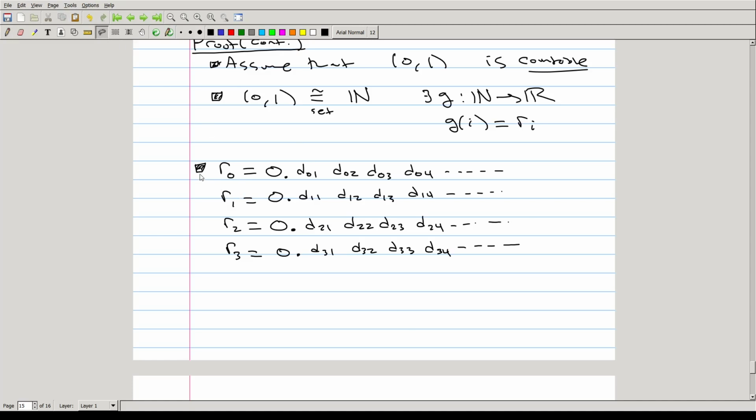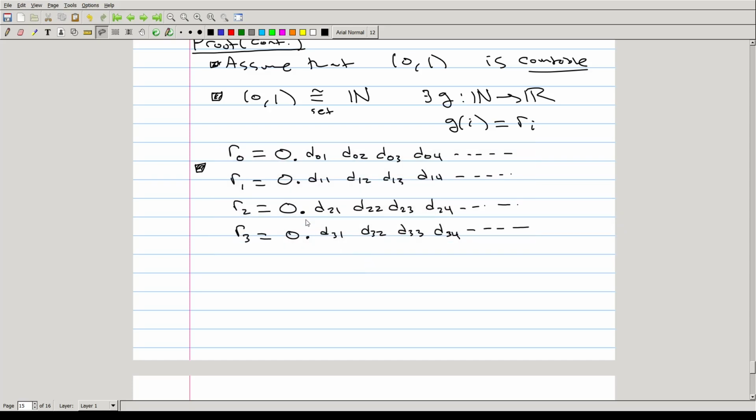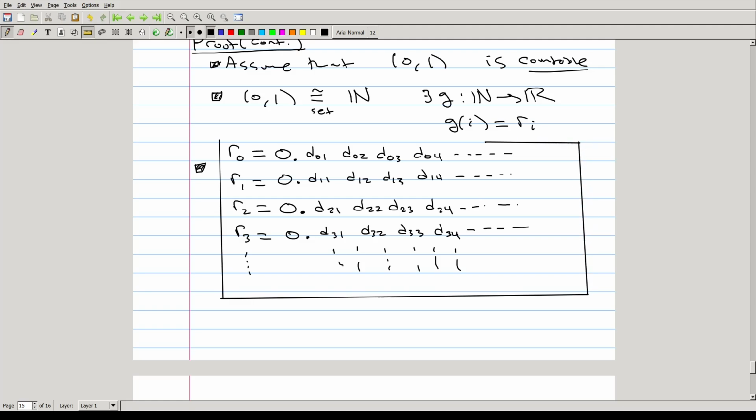And because we're assuming that this set is countable, we can continue this process ad infinitum. And this is going to give us the set of all real numbers in the open interval from 0 to 1.